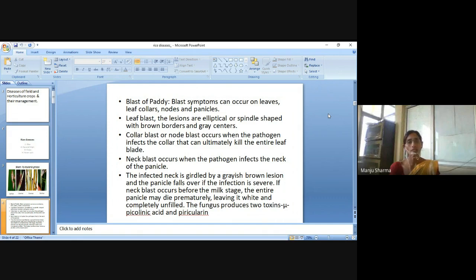If neck blast occurs before the milk stage, the entire panicle may die prematurely, leaving it white and completely unfilled. The fungus produces two toxins, picolinic acid and pyricularin.